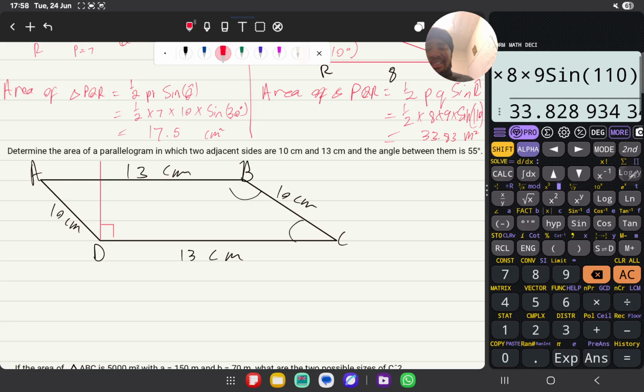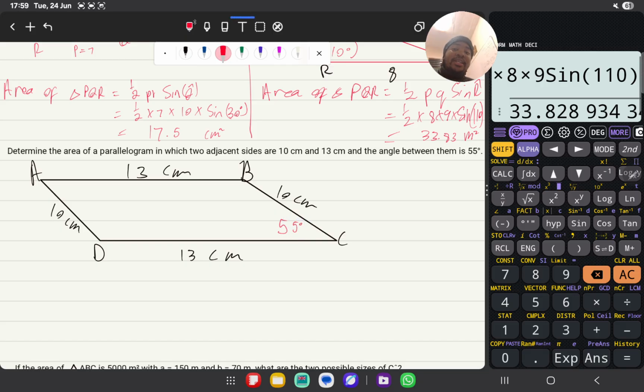That means we have 90 degrees plus a couple of degrees, which makes it impossible for this angle and this angle to be the one that forms 55 degrees. So that means now this angle is the one that is actually 55 degrees.